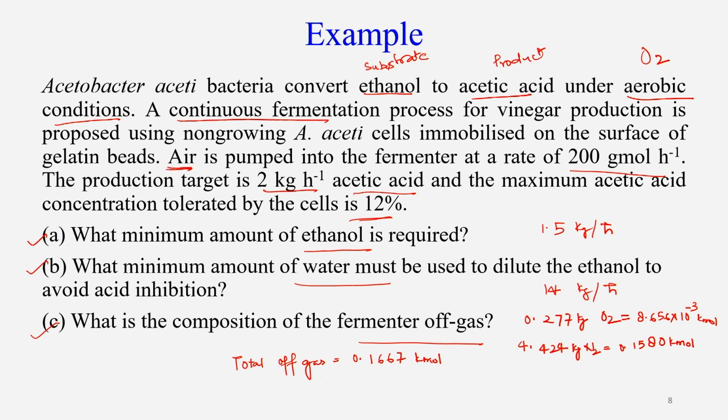So, we can calculate oxygen as 5.19%, and nitrogen as 94.8%. So, this is the answer.